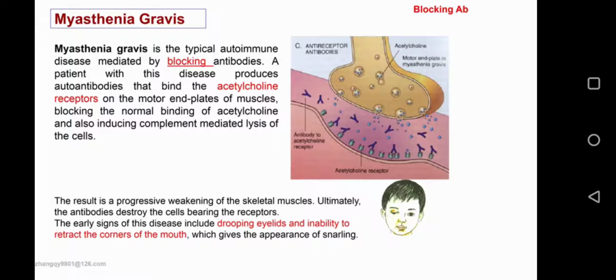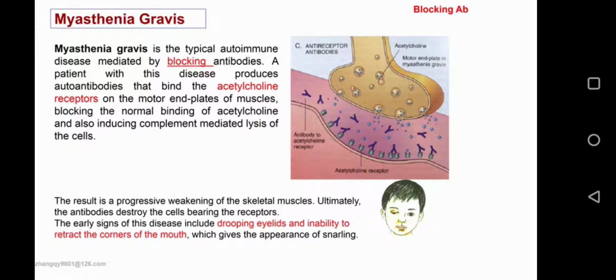For the patient, this is a blocking antibody, so this antibody binds to the receptor and blocks it. So the receptor has no chance to bind to the ligand.